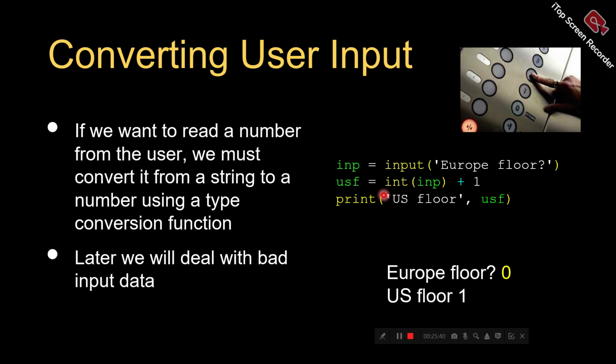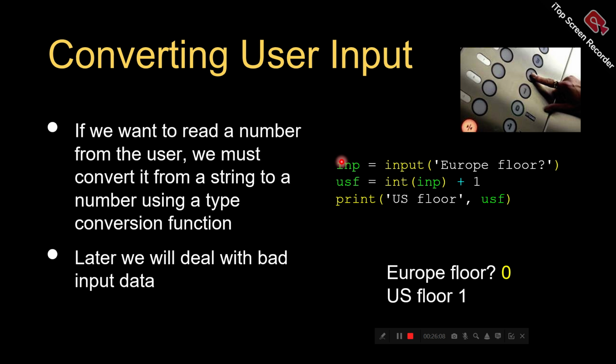You can also restrict the input to integer format by writing int and brackets while taking the input. Whenever the program asks for input, if the user provides a string, it will throw back an error until it is an integer.